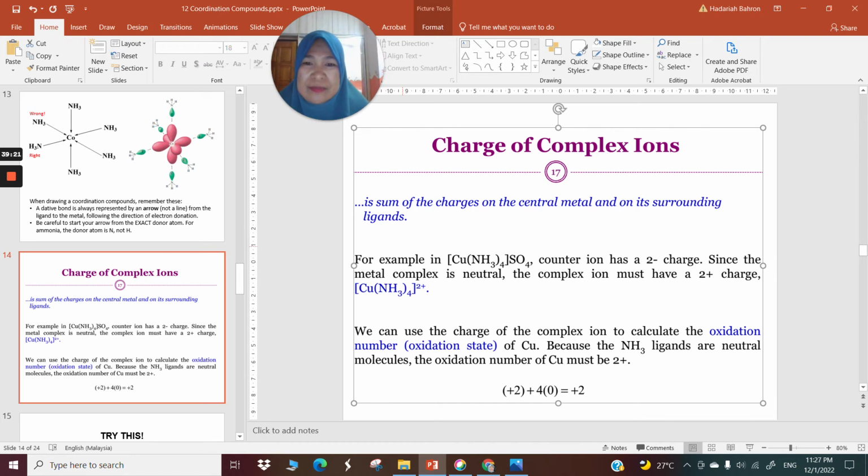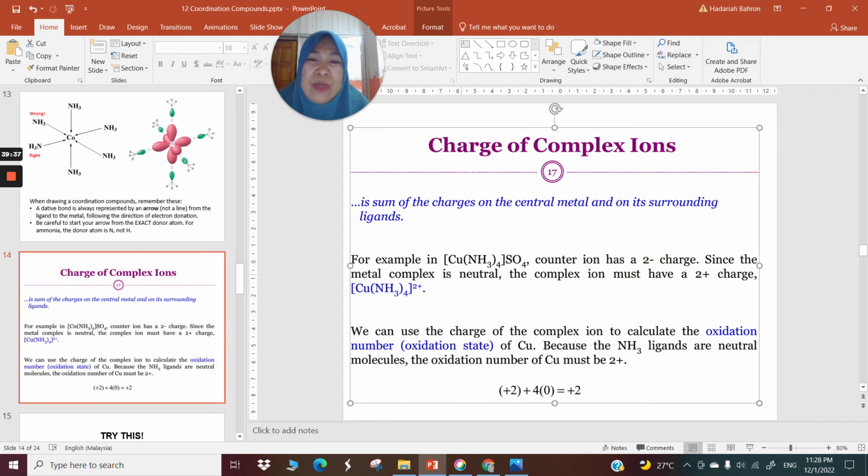charge of the ligand. For example, if you have copper 4 ammonia and sulfate as a counter ion, your counter ion sulfate has a charge of 2 minus. So what does that tell you about your complex ion? What is the charge of your complex ion?